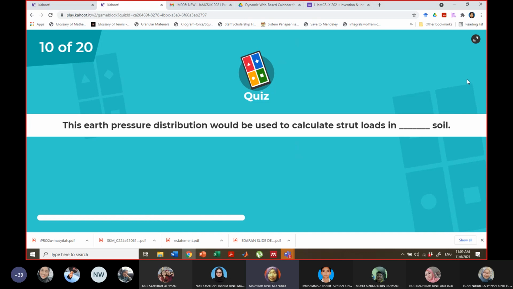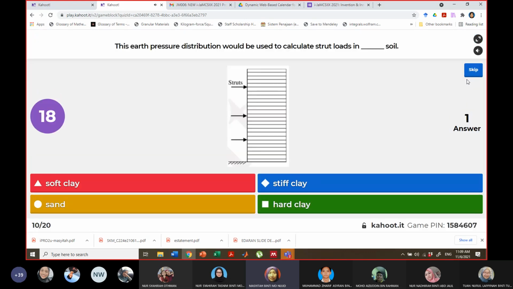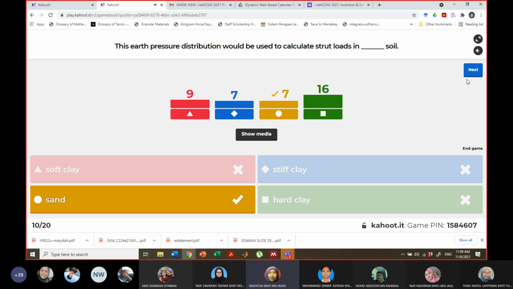The earth pressure distribution will be used to calculate strut loads in the figure below, figure here. Okay, the answer is sand.